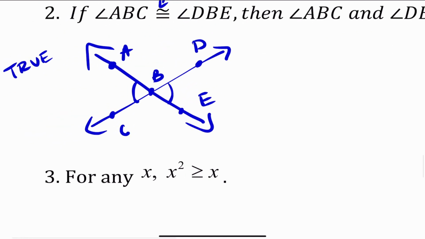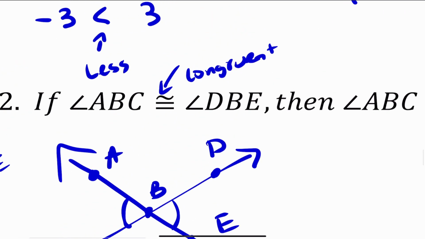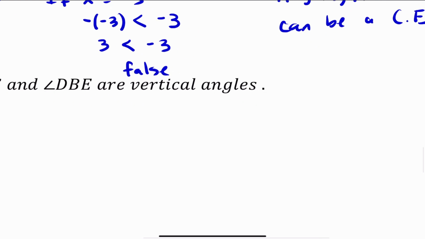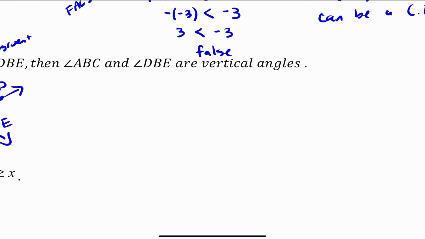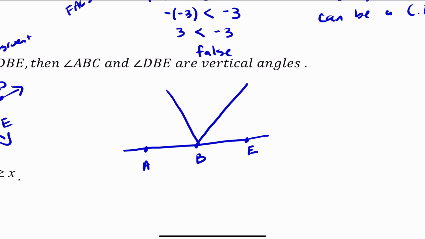You don't necessarily or strictly have to have vertical angles to show that these angles are congruent. So to provide a counterexample, I would draw something like this. So maybe something like this: A, B, E, and then this will be C, this will be D. And then look, we can just say that these things are congruent.